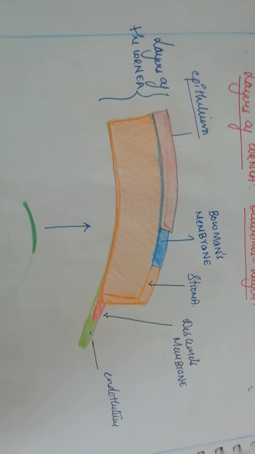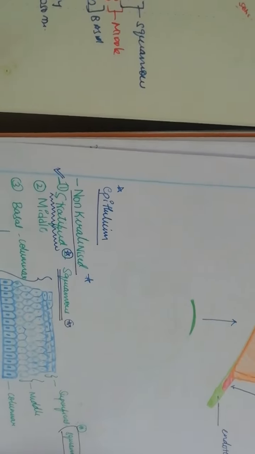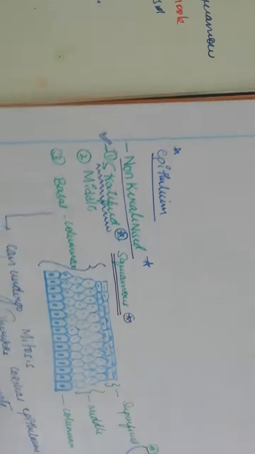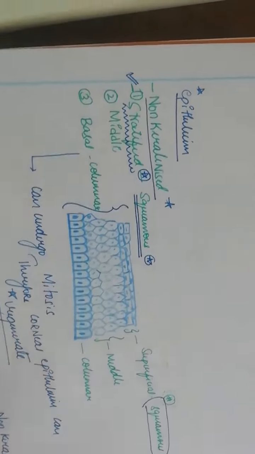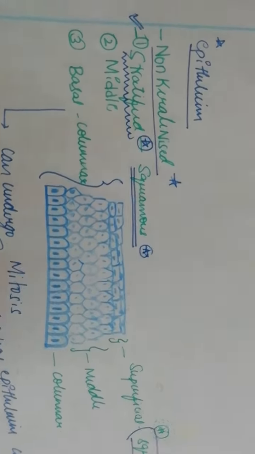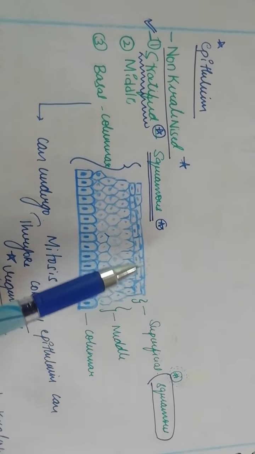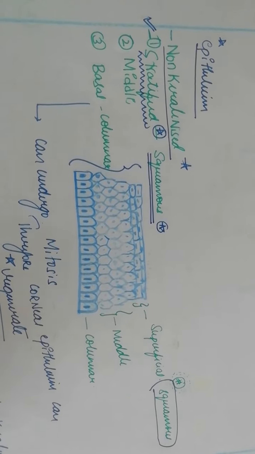As I told you, we started speaking about the epithelium. The epithelium is non-keratinized, which means there is no presence of keratin. If you observe the epithelium, which I took from here and drew here, the outermost layer is superficial, made of flat cells, and we call the flat cells squamous cells.